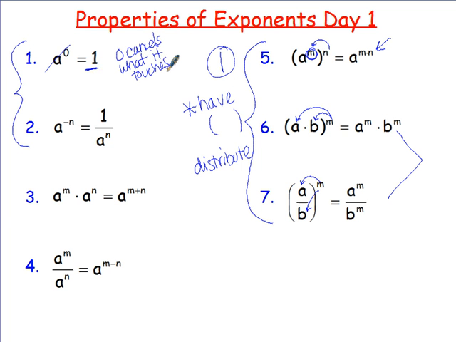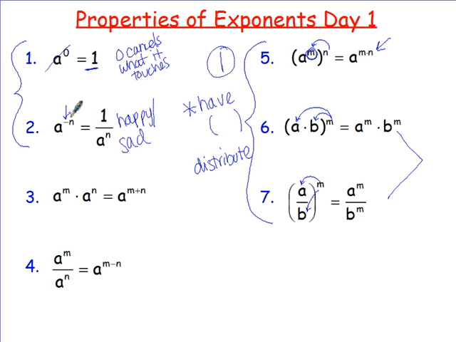Number 2, this little rule is what I refer to as happy sad. I know it sounds cheesy. Exponents like to be positive. I call that happy. Anytime an exponent is positive, it's a happy exponent. If you have a negative exponent, like right here, that's sad. Well, we don't like anybody to be sad.